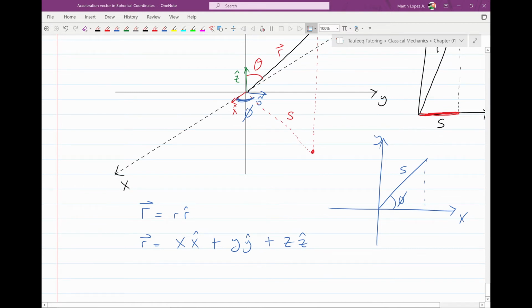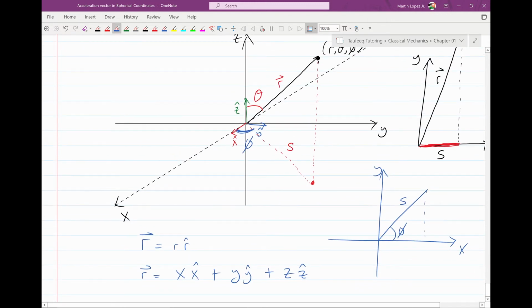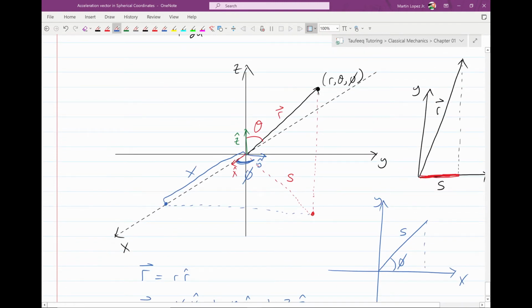Now, what is x, y, and z? We need to translate those from Cartesian to spherical. X looks like this. Okay, so this length right here is x. This length right here is z. And this length right here is y.